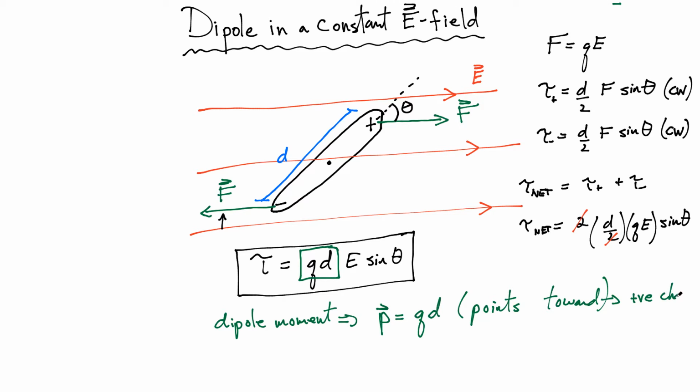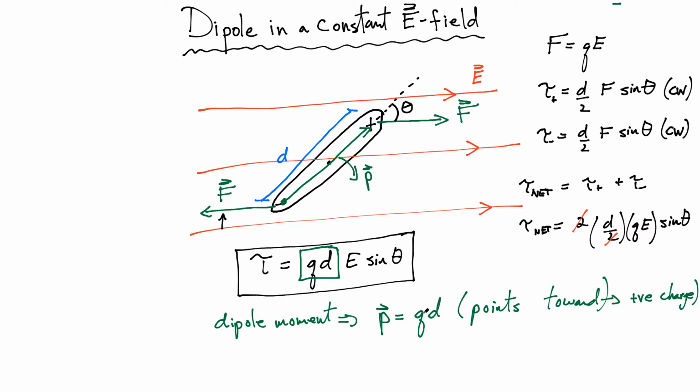So in this figure, the vector P points in this direction here. That is our dipole moment associated with that dipole.